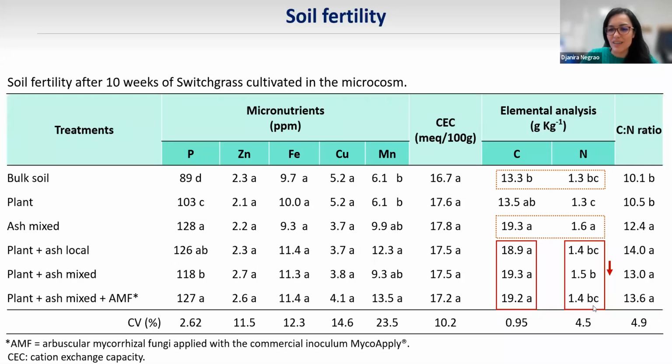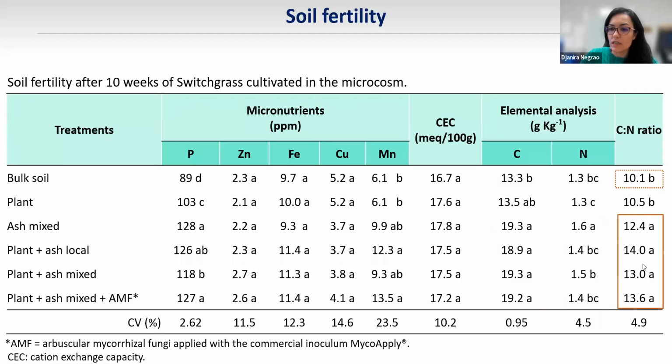It is hard to say. And also for the CN ratio, we can see a good effect of applying sugarcane ashes in the soil. It seems like we keep this carbon preserved, which could be very interesting for soil carbon sequestration strategies.